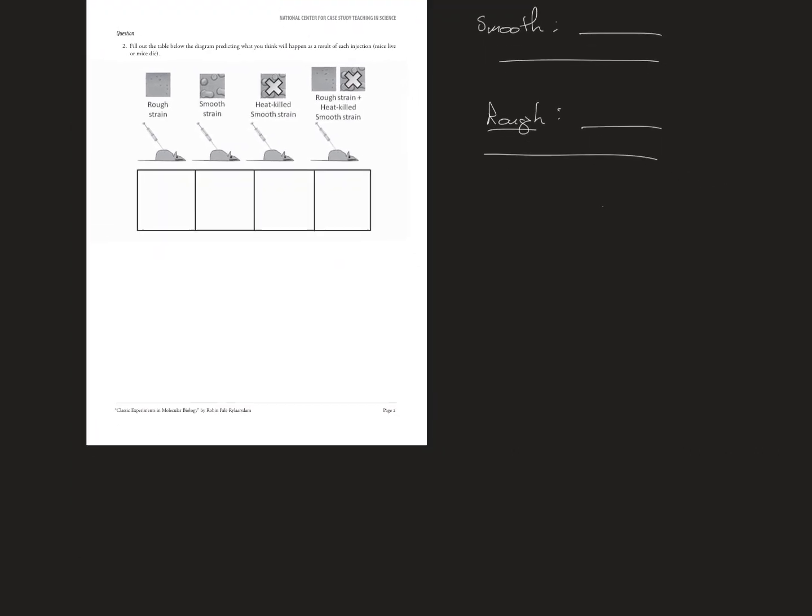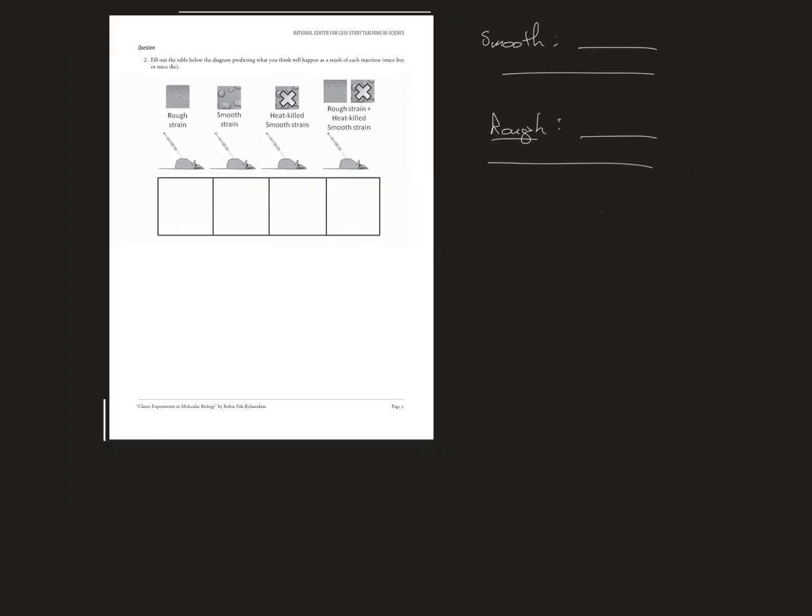To give you some background on the concept, you should have a list from the previous page on what they thought was going on with the smooth and the rough. They're injecting each of these. In the first group, they inject with the rough strain. In the second one, they inject with the smooth strain. Then he killed the smooth strain, and here they put the rough strain with the heat killed smooth strain.